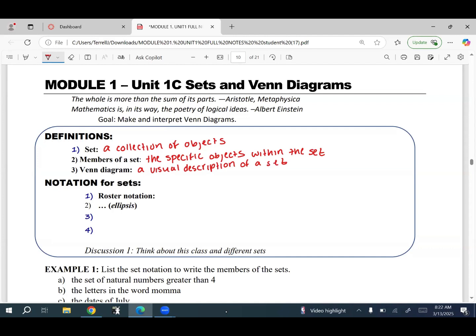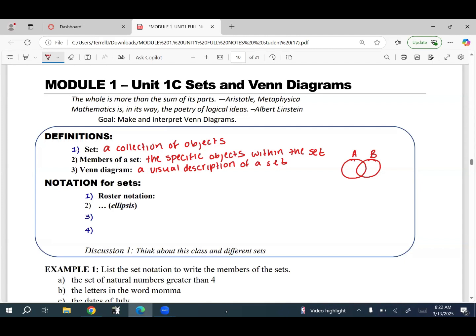In a Venn diagram, you have circles, and those circles represent sets. Here I'll draw this out. This is typically what you've seen as far as a Venn diagram goes. These circles represent sets, and it's just a visual representation.